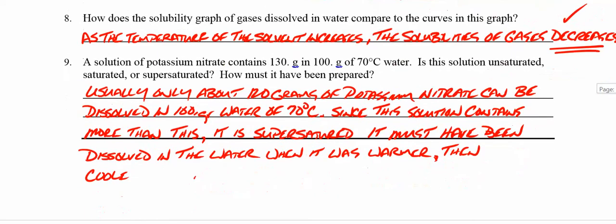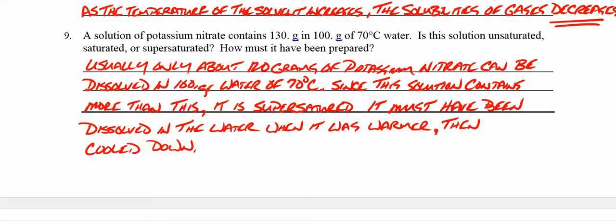Number 9 says a solution of potassium nitrate contains 130 grams in 100 grams of 70-degree water. Is the solution unsaturated, saturated, or supersaturated? How must it have been prepared? Well, let's take a look, first of all, at the potassium nitrate situation at 70 degrees.